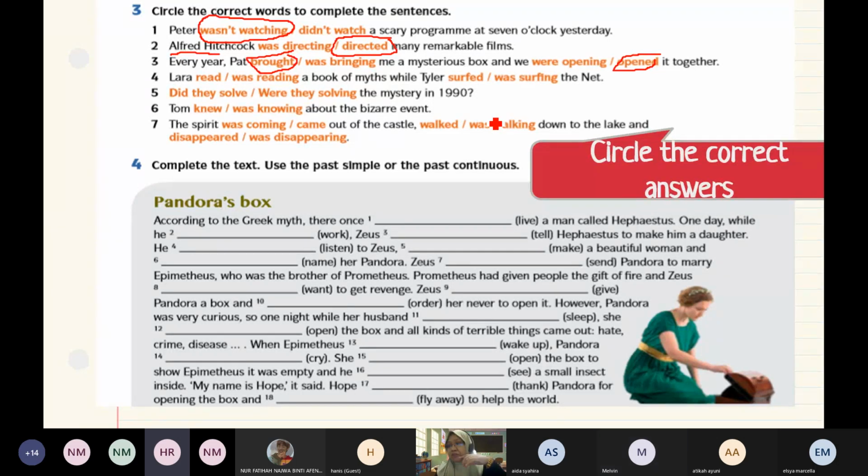Number 4, Farisha. Lara was reading a book of myth while Tyler was surfing the net.